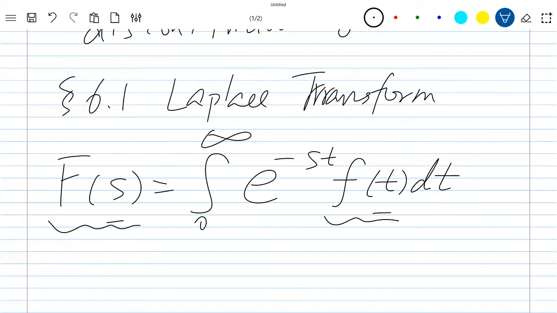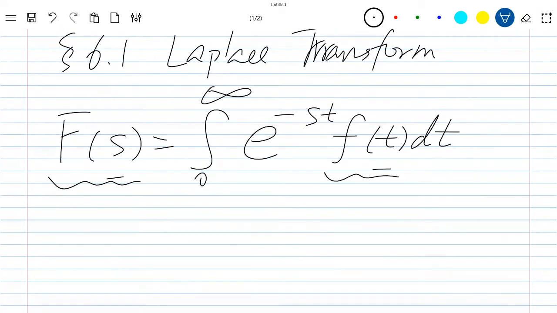It's not like a function itself; it's an operation, because you input a function and the output is also a function, but in a different variable. For every s, you have a function of s and t, which is just e to the negative st. You multiply that, you get a function of s and t, but after integration, you get only s. So that's why we have a function of s.